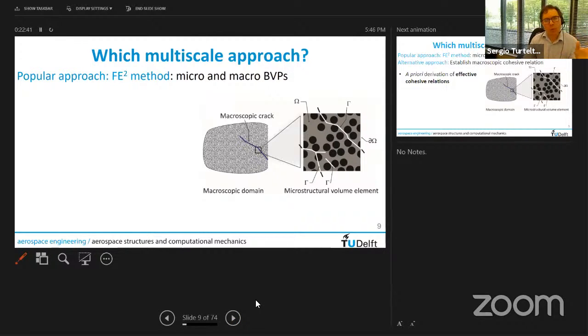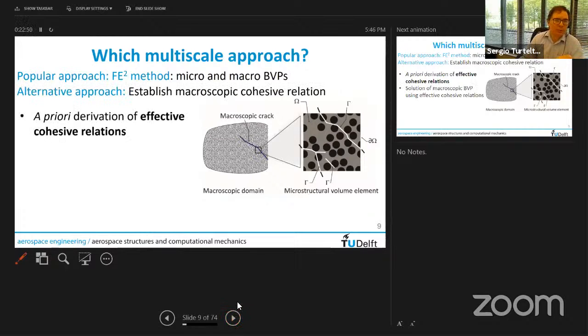We can, in fact, bypass this by looking at an alternative approach, which is what I'm going to do. That alternative approach is to establish a priori a macroscopic cohesive relation, an effective one. As input, we give the microscopic cohesive relations for each one of the constituents, plus the information about the distribution of the phases.